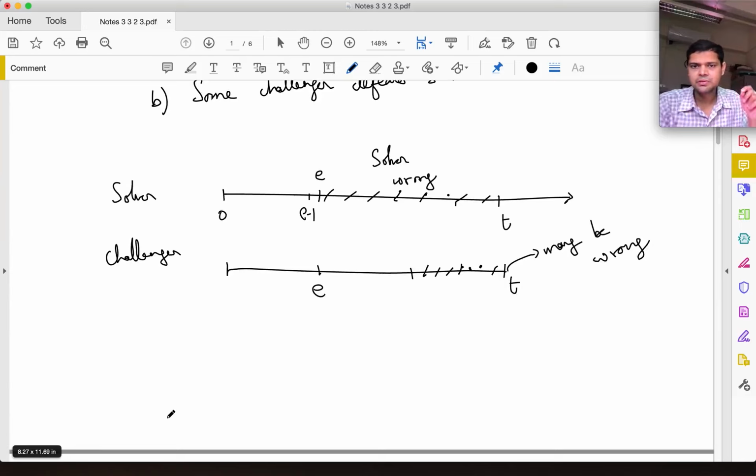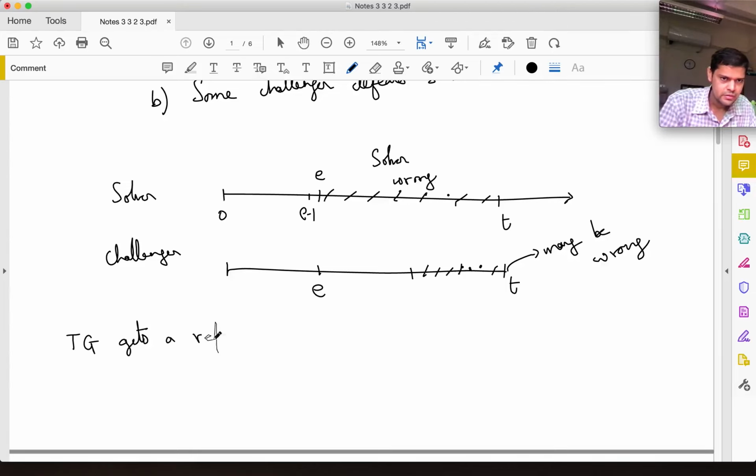The task giver is the person who gave this computationally intensive transaction on the blockchain. So the task giver gets a refund of his transaction fee. And he has to resubmit the transaction again if he wants it solved.